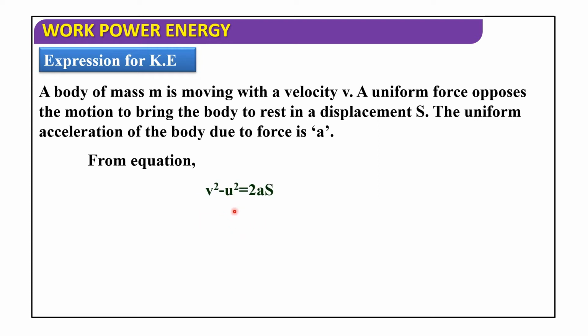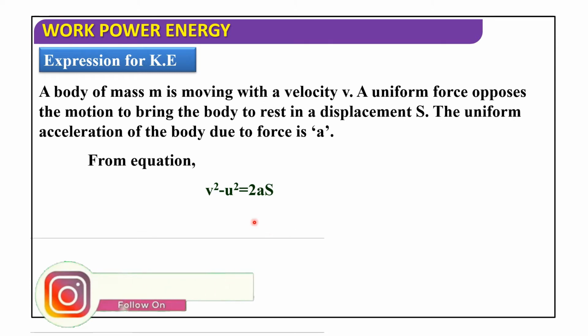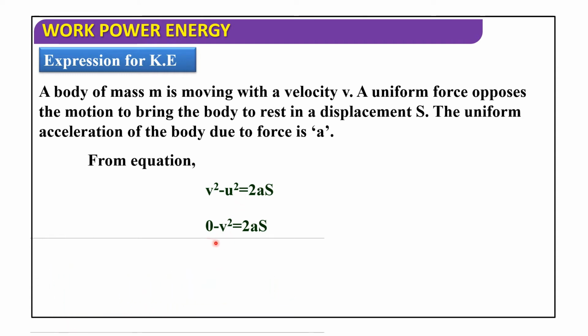The third equation of motion is v square minus u square is equal to 2as. Here v is 0 and u becomes v. So, 0 minus v square is equal to 2as. So, from this, acceleration a is equal to minus v square by 2s.